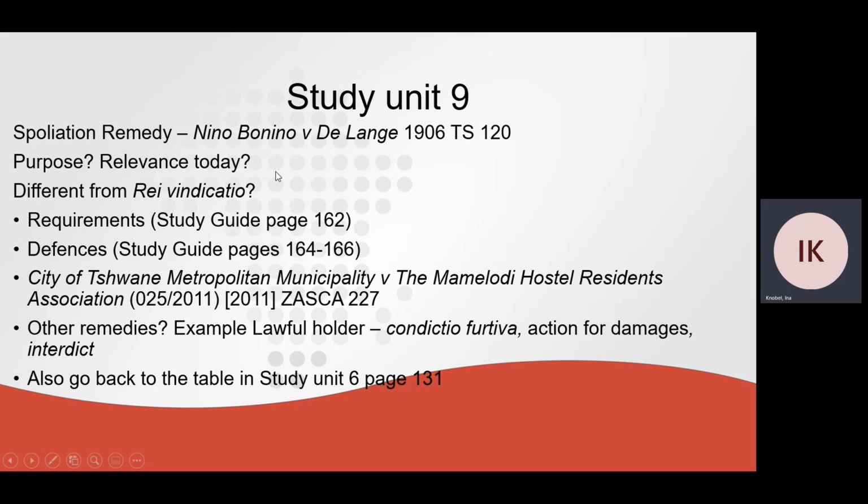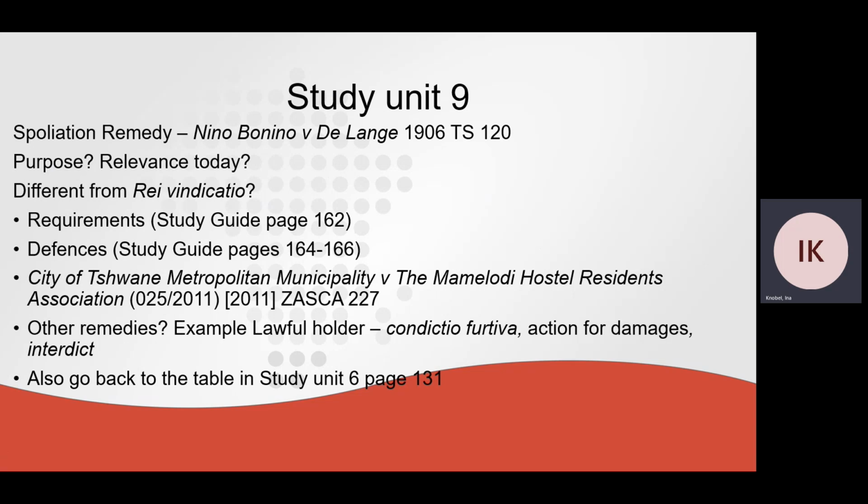Now, what is important to remember, and what I already referred to when I spoke about study unit 6 and the remedies available to protect ownership, is that the rei vindicatio is used to protect ownership. So if somebody has property that belongs to me, I can institute the rei vindicatio to get it back.